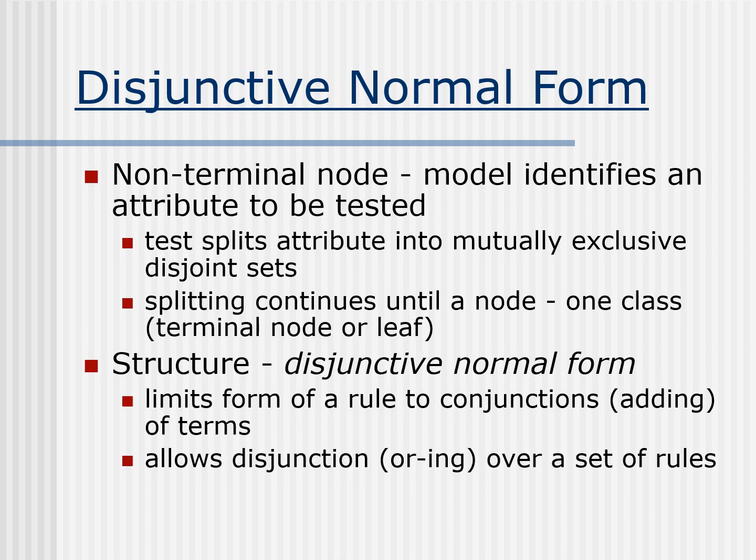Another important thing is disjunctive normal form. Here, for a non-terminal node, the model identifies an attribute to be tested. This test splits the attribute into mutually exclusive disjoint sets. When we are not able to derive a perfect decision, we further grow the tree, because we need to split the attributes. Again we have to impose some new rules so that we can create a new leaf node.